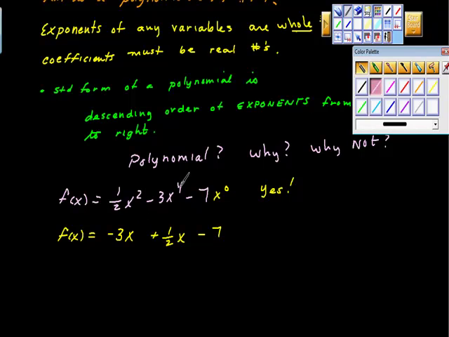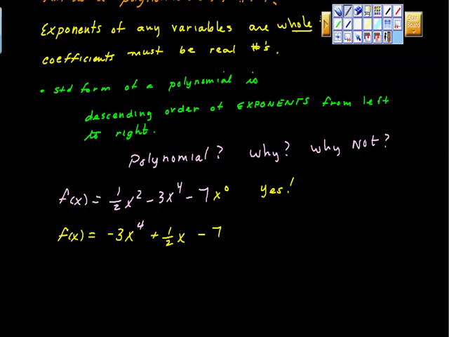It's to the 4th, and then the next smallest one is squared, isn't it? And then the least of them all is x to the 0. So they're in descending order, aren't they? Because it says here we want descending order of exponents from left to right. 4 is the greatest of them. The next greatest is 2, and the least is 0. Yes or no? Okay, terrific.